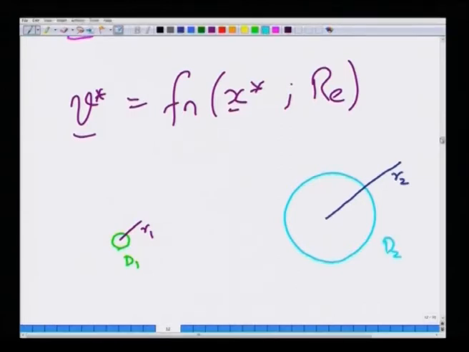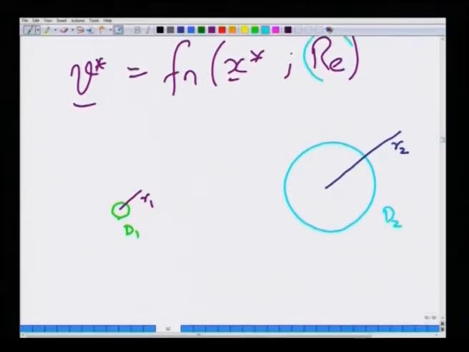Now, if you keep the Reynolds number the same for both these different systems, then the velocity is a function only of the non-dimensional distance, and let us say here the fluid is flowing with the velocity u 1, and here it is flowing with the velocity u 2.